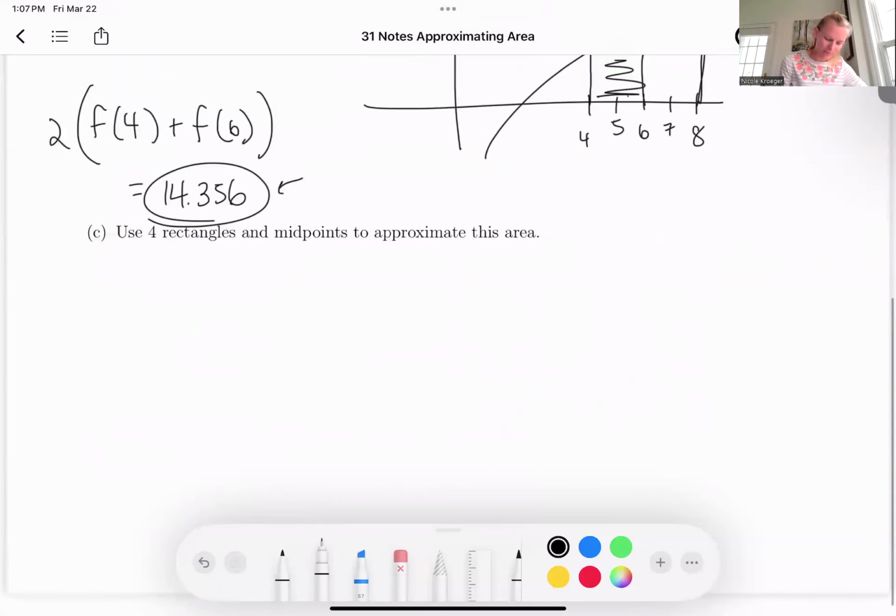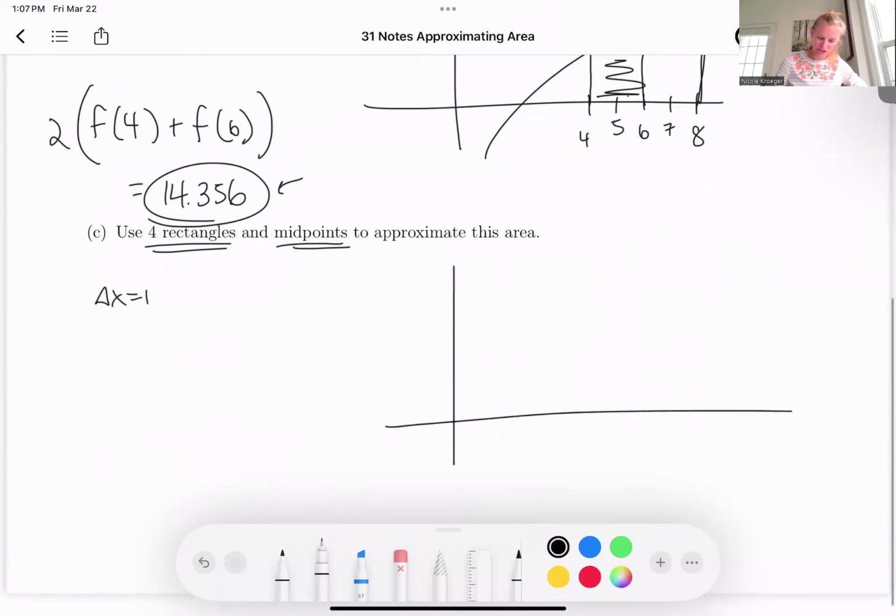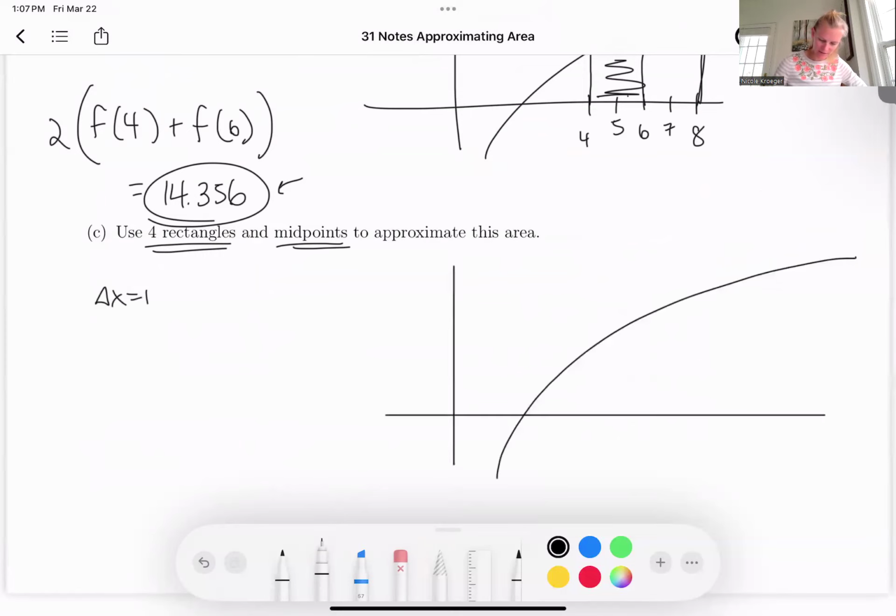Okay, and now finally we're going to use midpoints and 4 rectangles. Since we're using 4 rectangles, our delta x will still be 1 like it was in the first case. Midpoints are going to change what the heights of the rectangles are. So we do 4, 5, 6, 7, and then 8. The midpoint between 4 and 5 is 4.5. So this rectangle will go up like that. The height of that first rectangle is f of 4.5.